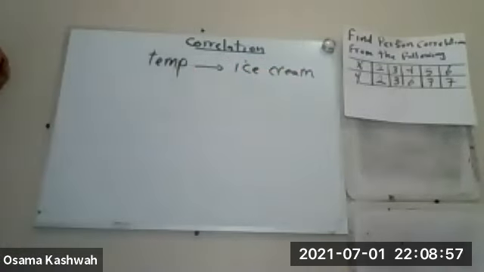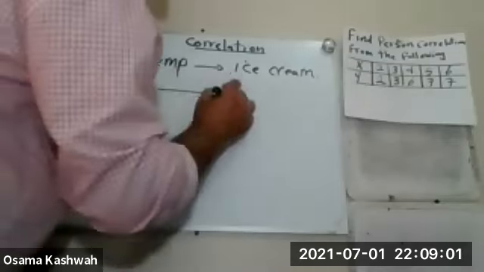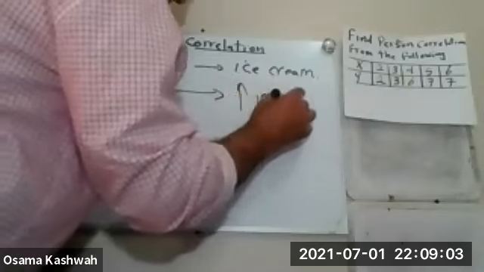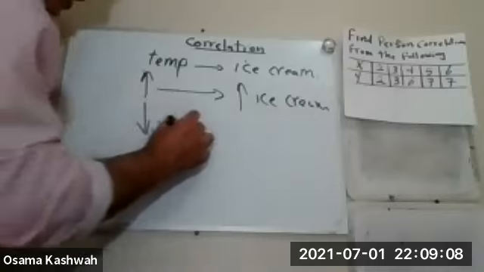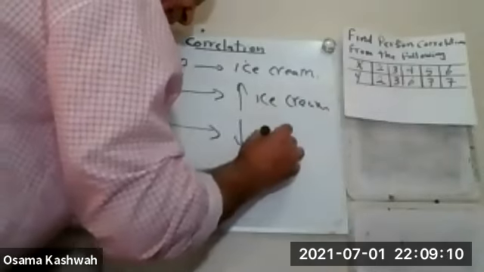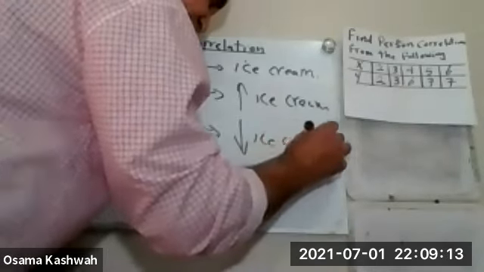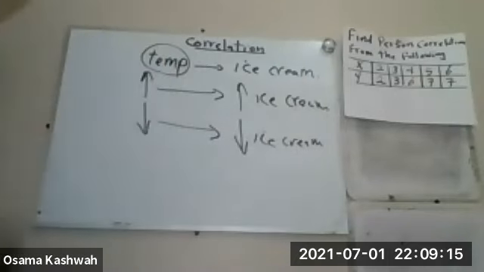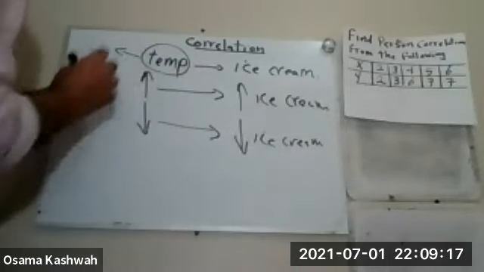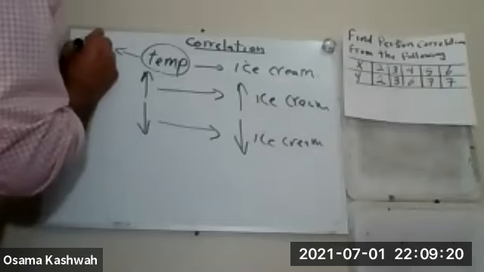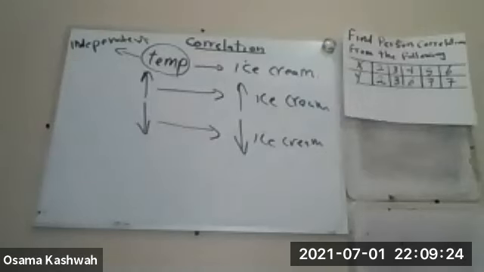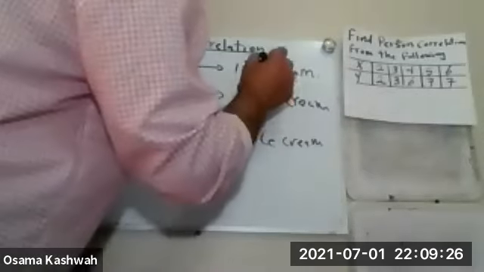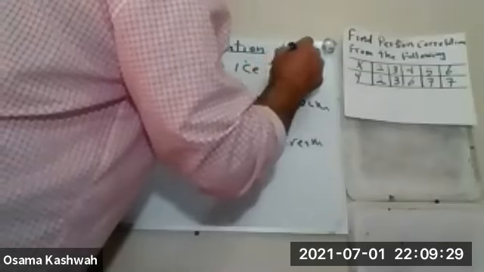You can tell me the more it gets hot, the more the sales of ice cream. And the less it gets hot, the less the sales of ice cream. We call the temperature the independent variable, and we call the ice cream sales the dependent variable.